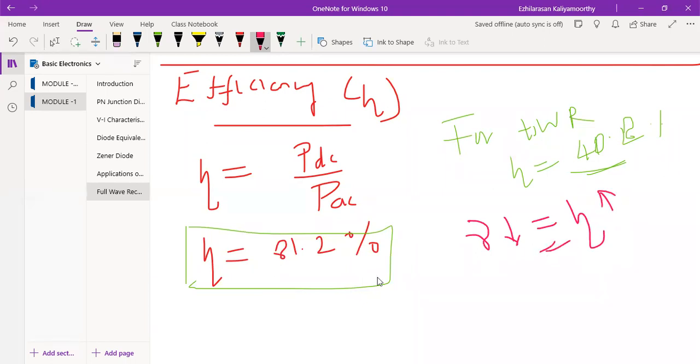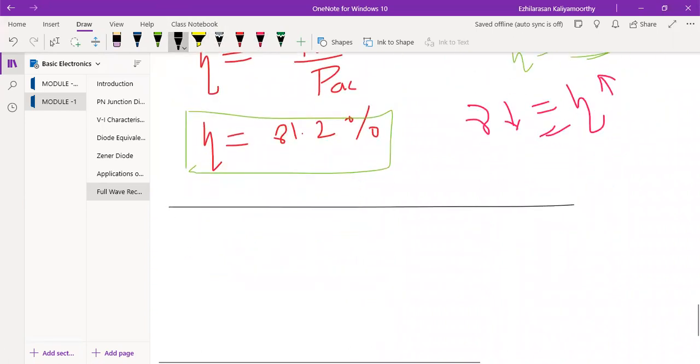That is the relationship: if the ripple factor reduces, the efficiency increases. So for a center tapped full wave rectifier, the maximum efficiency will be 81.2 percent. The efficiency is the output DC power to the input AC power.